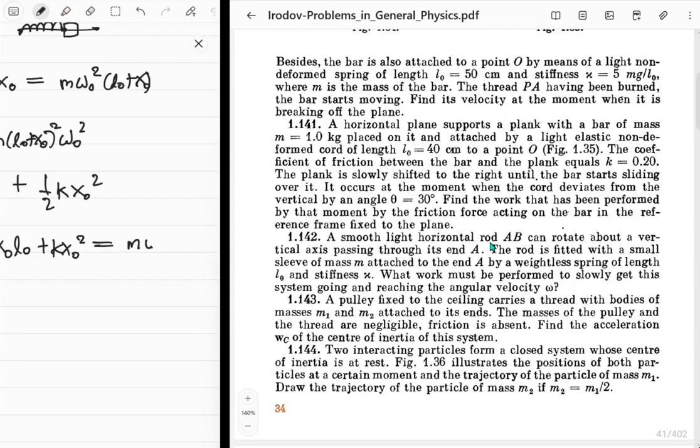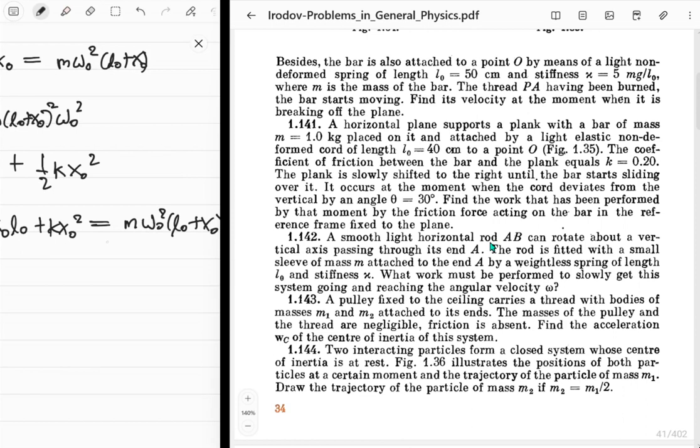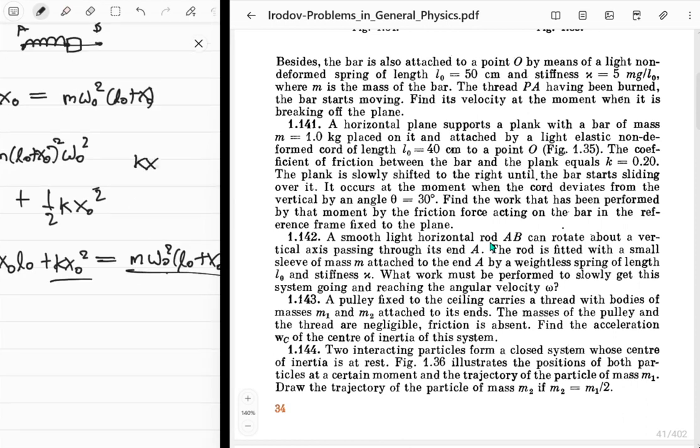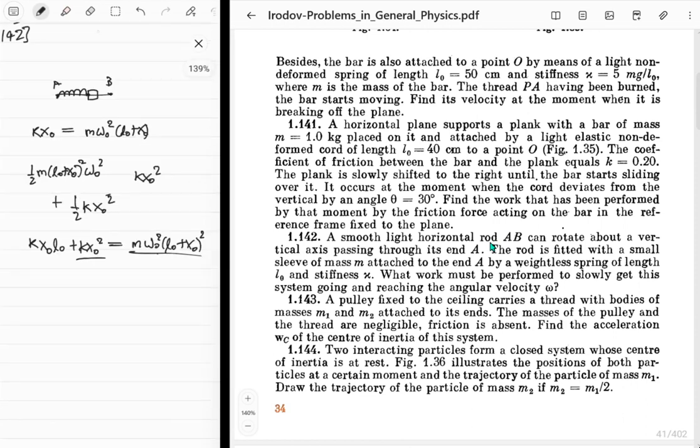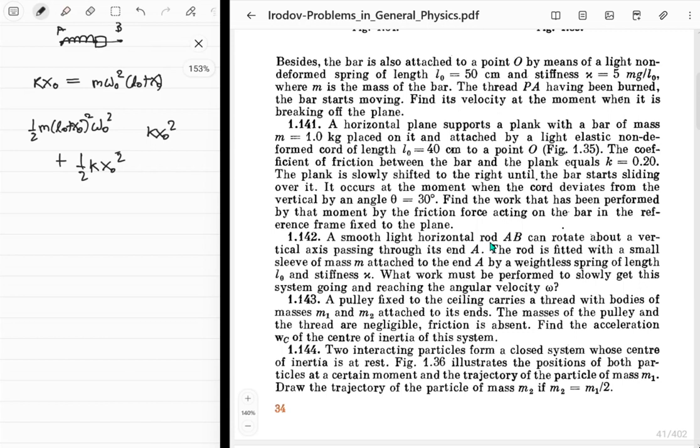Now once you have that, you can put in this thing, and the whole thing becomes just k x naught squared. So the main goal is to figure out what your x naught really is, or what your k x naught is. Once you figure that out, you will find the energy, which is what we want to find.